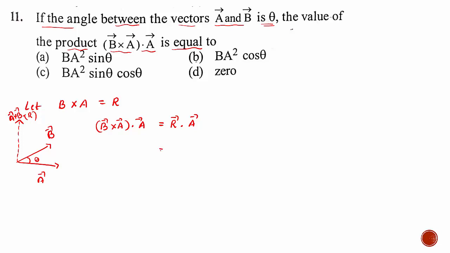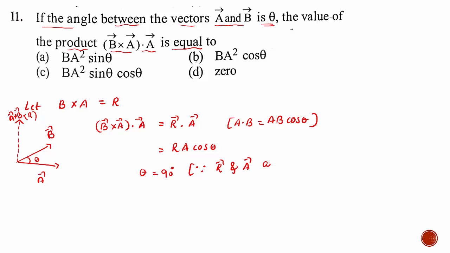You can observe if this is a dot product, I can write here, we know that A dot B is equal to AB cos theta. Here I can write RA cos theta. Theta equal to 90 degree because vector R and vector A are perpendicular. Perpendicular means theta equal to 90 degree.